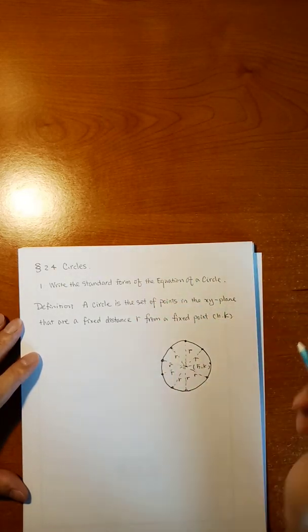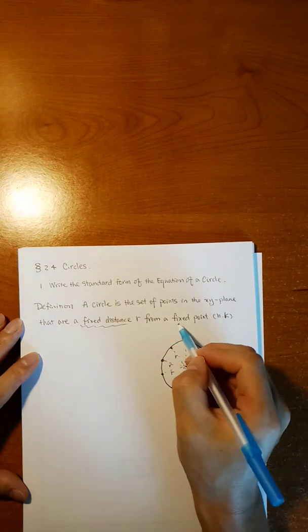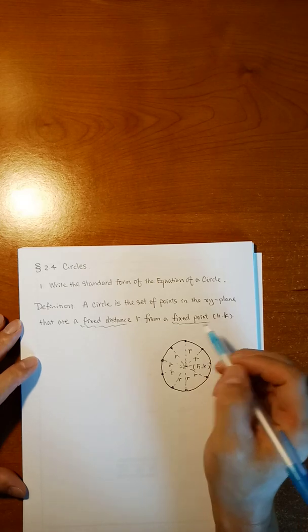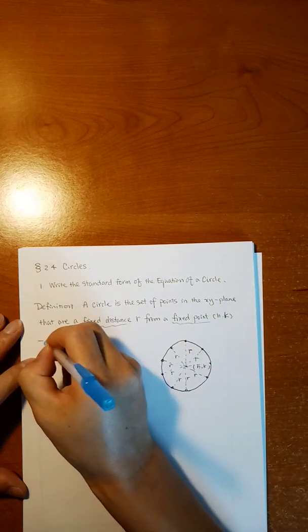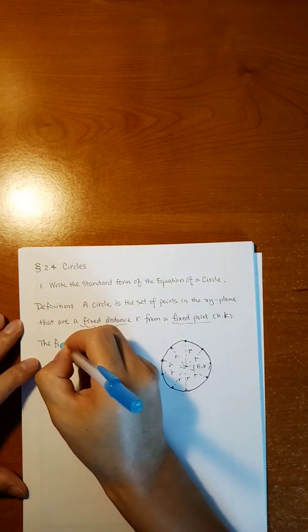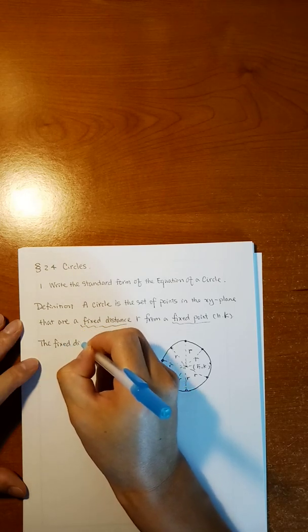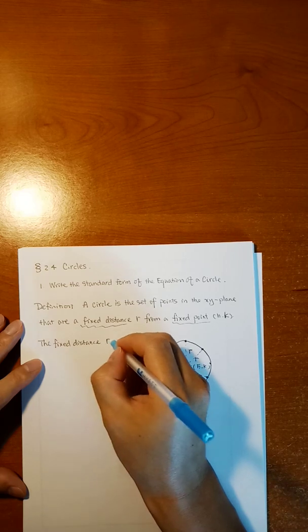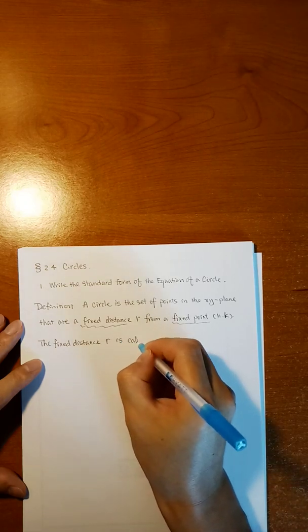And in this definition, we have two fixed things: a fixed distance and a fixed point. So they have names. The fixed distance r is called the radius.